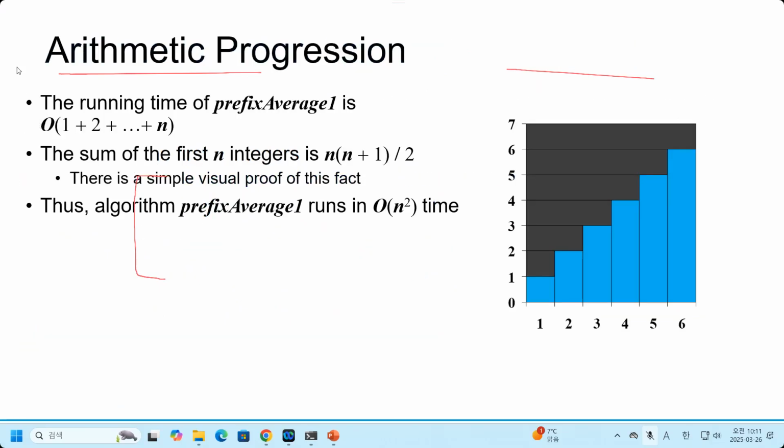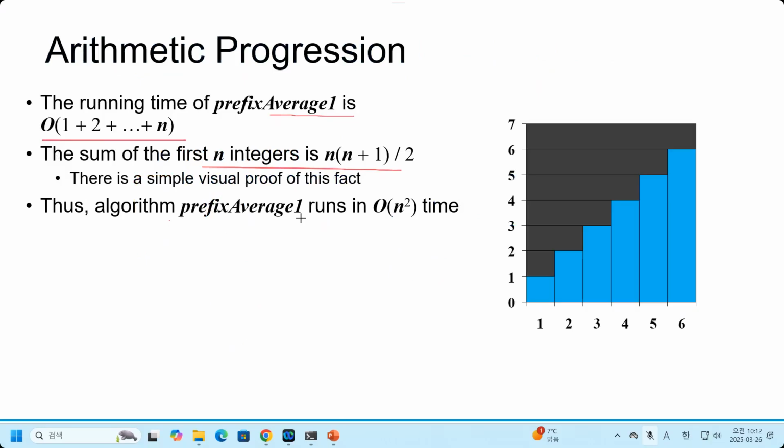So we can look at this one with the running time. The running time of the prefix average is like 1, 2, until n. And because we want to do the summation, there is the function n multiplied by n plus 1, divided by 2.